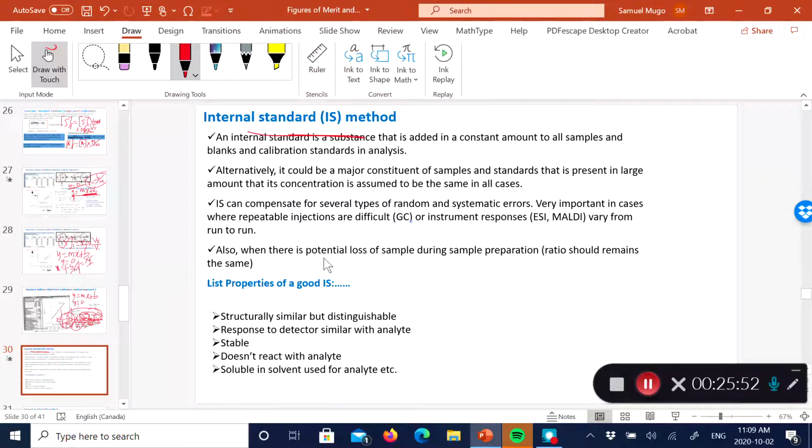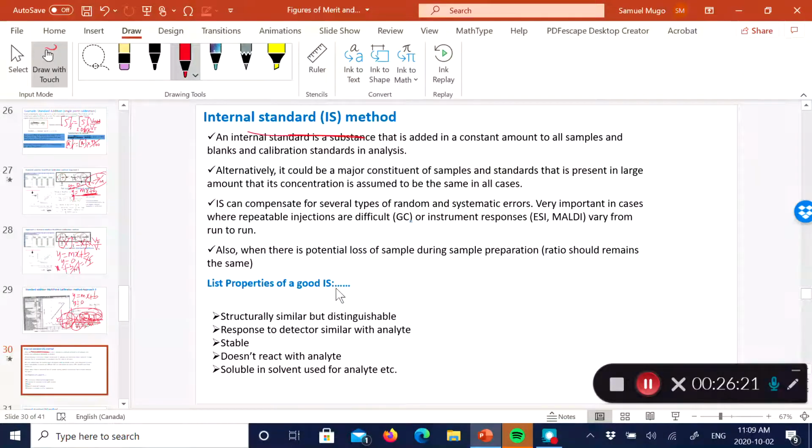With the internal standard method, you're able to correct for those sample preparation irreproducibilities due possibly to sample loss, maybe due to analyte being adsorbed onto the volumetric flask, maybe the analyte evaporating if you're dealing with analytes with very high vapor pressures, and so forth.